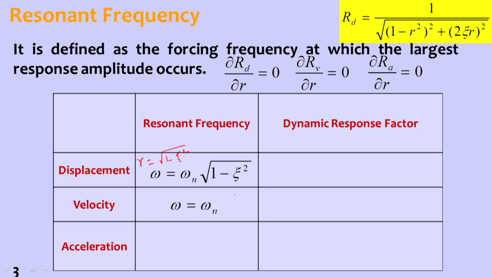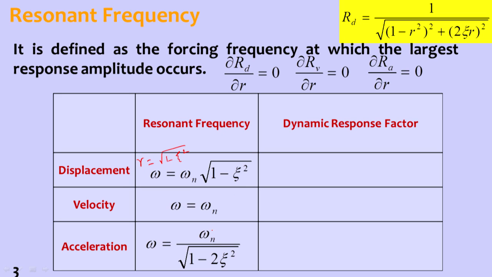For the third one, we make dRA by dR equal to 0, the first derivative of the RA function. The relation we get is omega is equal to omega n by under root 1 minus zeta square.